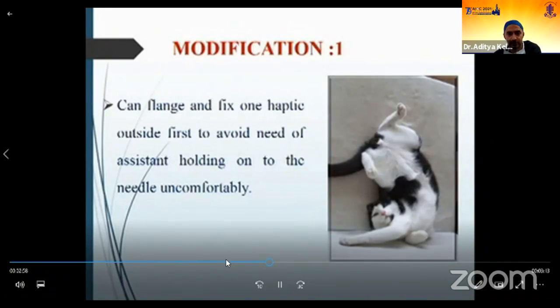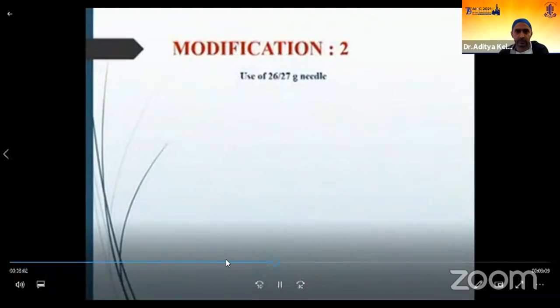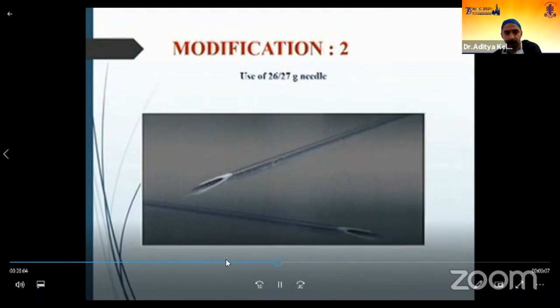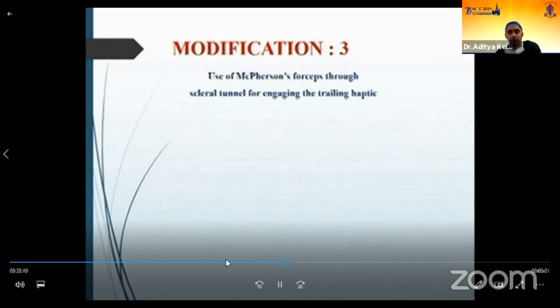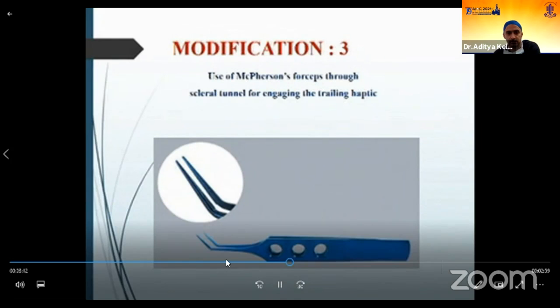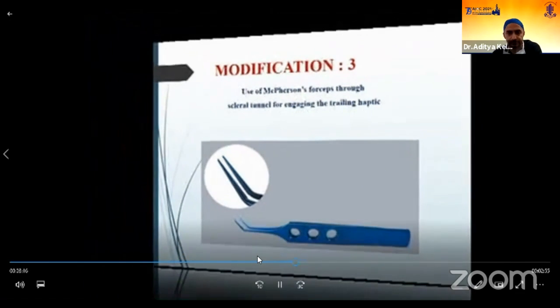So what we decided is that we can at least flange one haptic first outside and then only go ahead with the second haptic. Because in our country we don't get 30 gauge needles, so the snug fit of the haptic is not possible. So we use 26 or 27 gauge needles, McPherson forceps for the scleral tunnel trailing haptic.